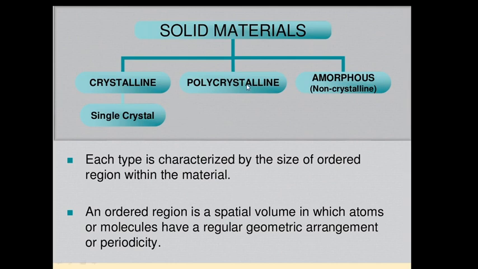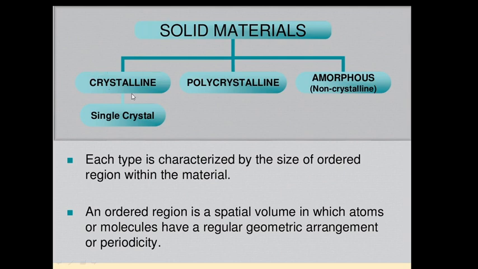As far as polycrystalline is concerned, the same order and arrangement will be at a much lower level, or short range order, whereas in the case of amorphous, one does not find any kind of order, or in some special amorphous materials one finds order, but only up to a very short range, and further you again find randomization.